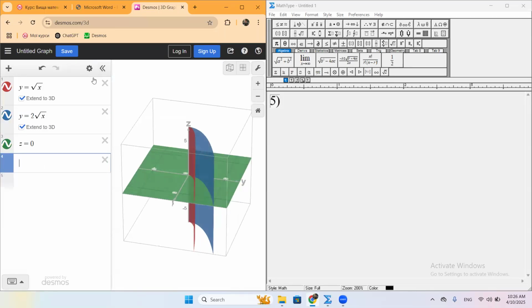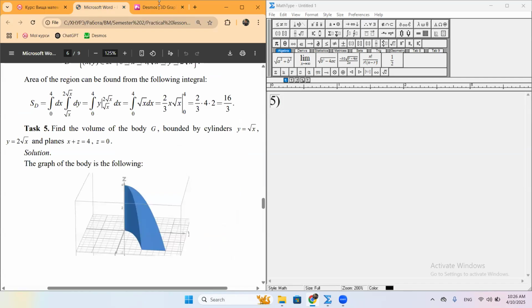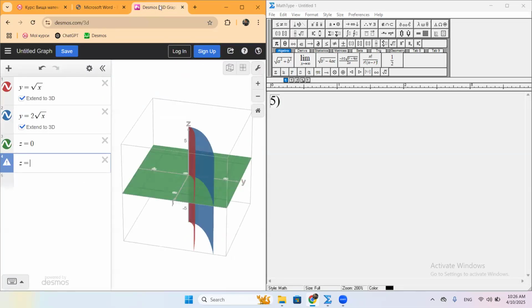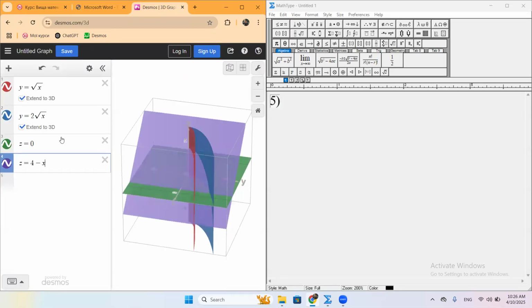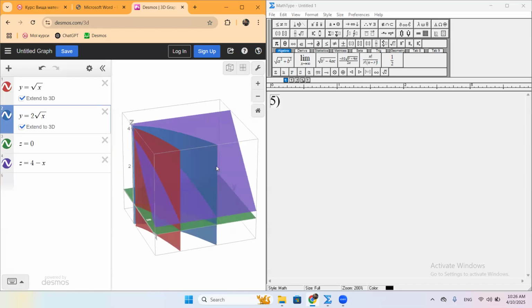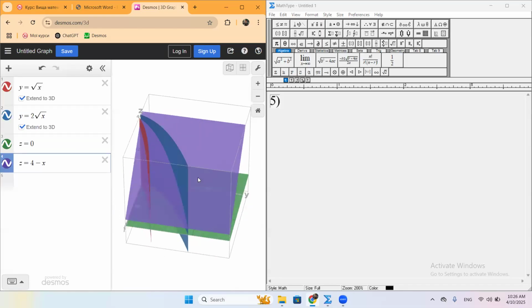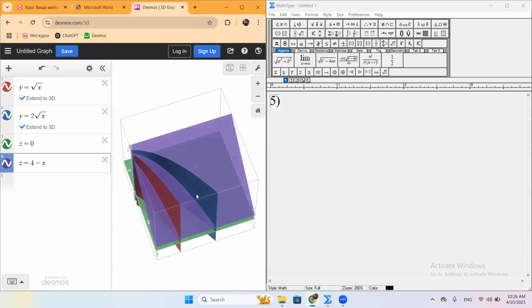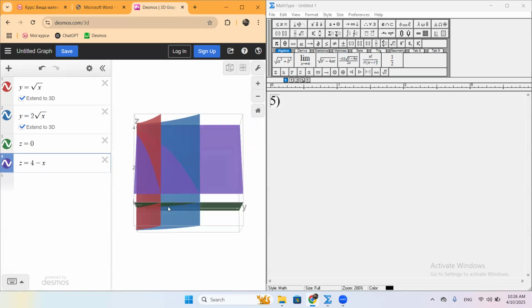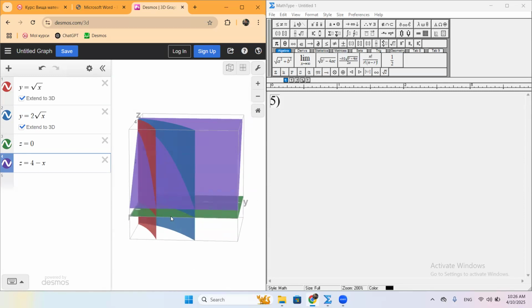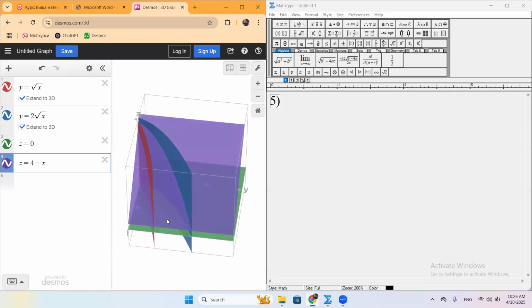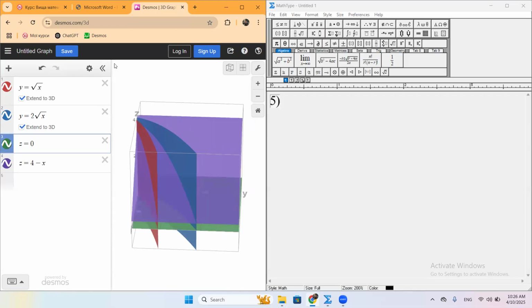Now x equals z equals 0, and z equals, yeah, x plus z, so z equals 4 minus x, let it be so. So we have such a region bounded by these cylinders and these planes.